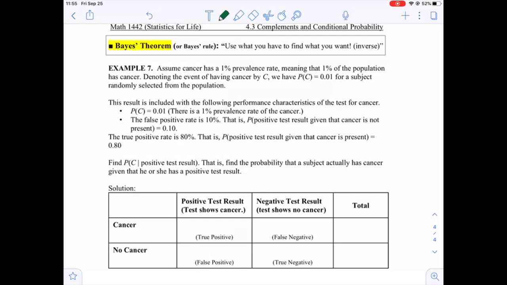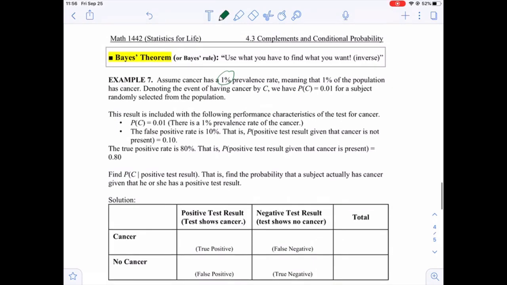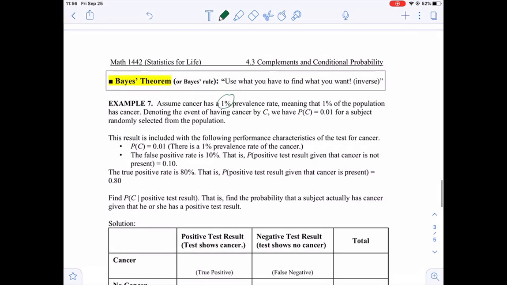Now here we assume that the proportion of people who have cancer in some population is 1%. This is the prevalence rate, and we use C to denote people who have cancer, so the probability of C is 0.01 for a subject randomly selected from the population.